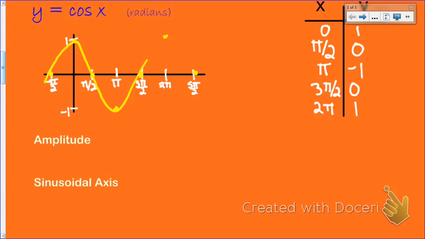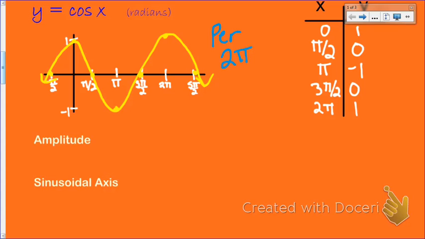So again, we have a wave. You can see a few similarities and a few differences with the sine graph. One thing that's similar is that the period of this graph is 2 pi, and we know that 2 pi is equivalent to 360 degrees.